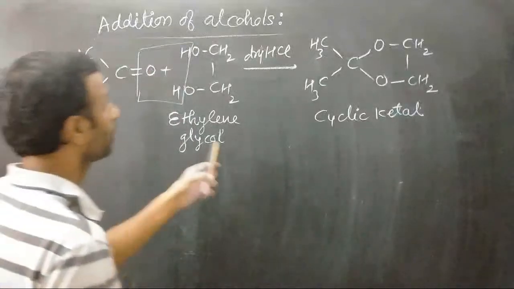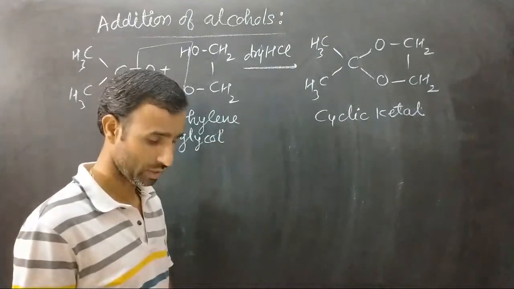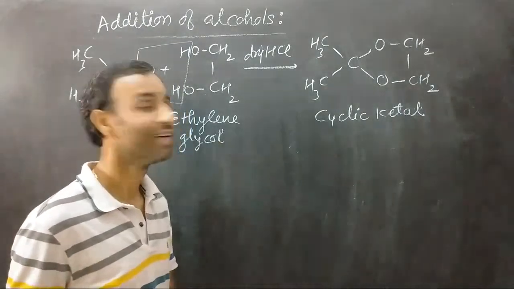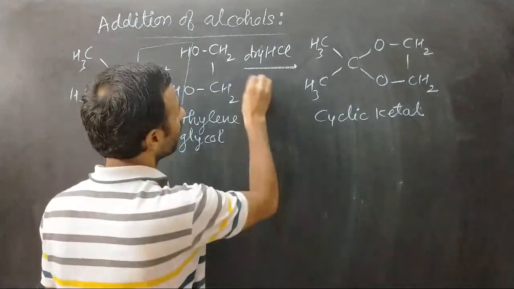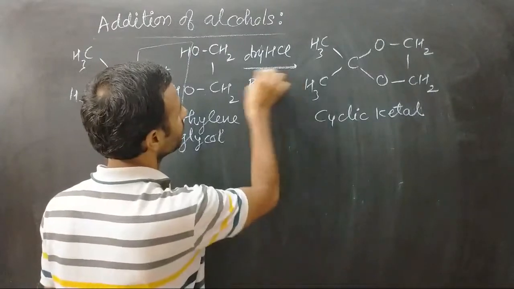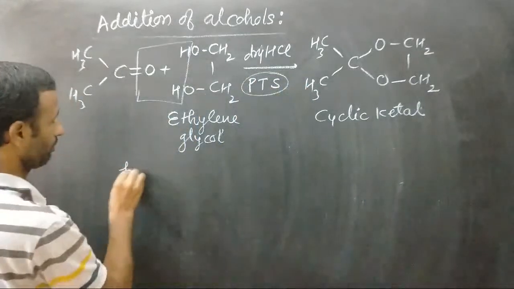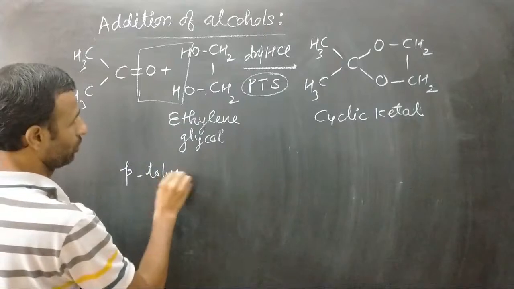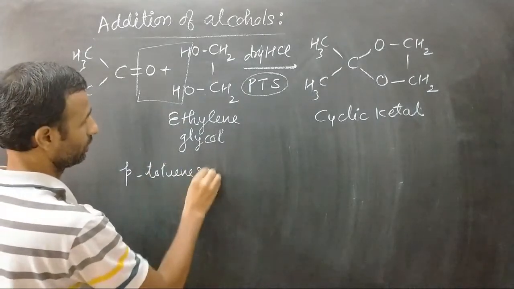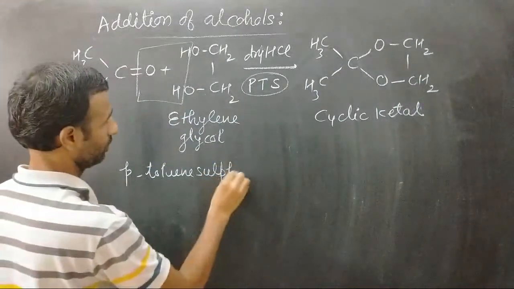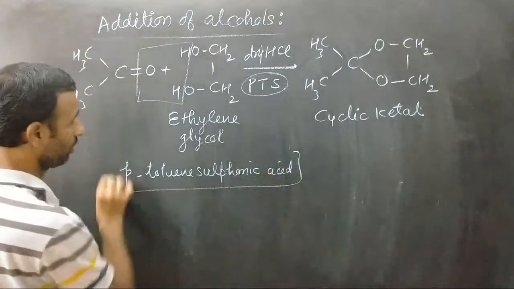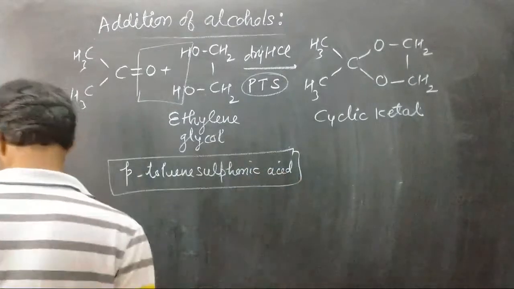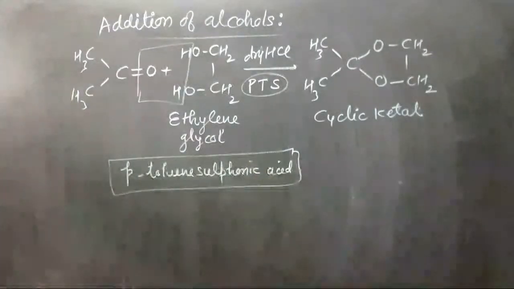And this cyclic ketal is formed either in dry HCl or in the presence of para-toluene sulfonic acid.